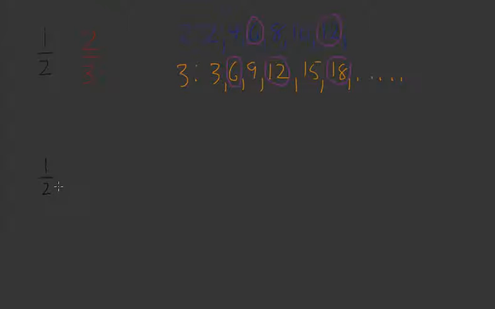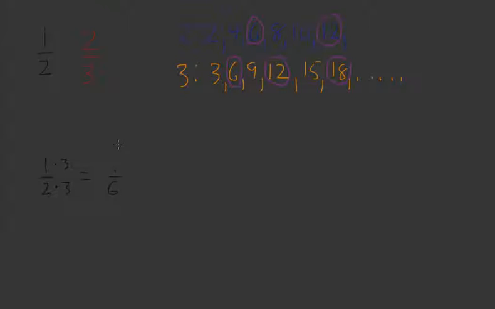Now, how are we going to change that 2 to a 6? We have to times it by 3, right? Now, if we only times the bottom by 3, that would equal 1/6. But is 1/6 the same as 1/2? No, it's not an equivalent fraction. It doesn't work, right? So the way to fix that is you have to times the top by 3 as well.